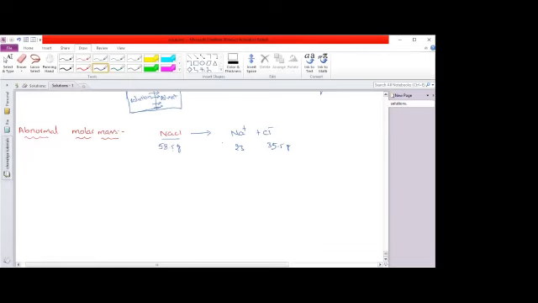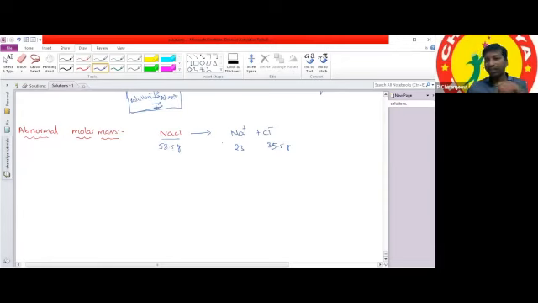It will decrease. So starting mass of the NaCl is 58.5. Whenever it dissolves in water, Na plus ions come separately, Cl minus ions come separately. The mass of the Na plus ion is 23 grams. So the mass is decreased.